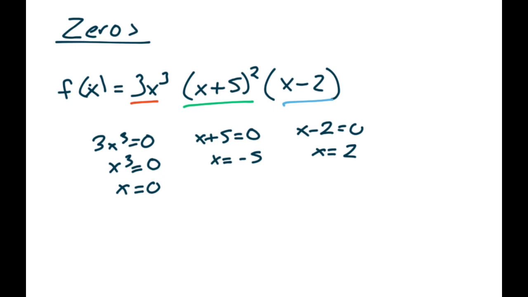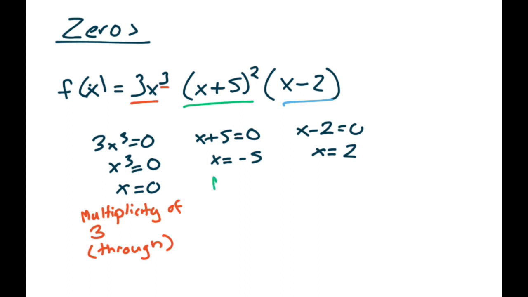And then their multiplicities. At x equals 0, this had a multiplicity of 3 because of the cubed, which means it's going to go through at that 0. Remember, odd multiplicities go through.